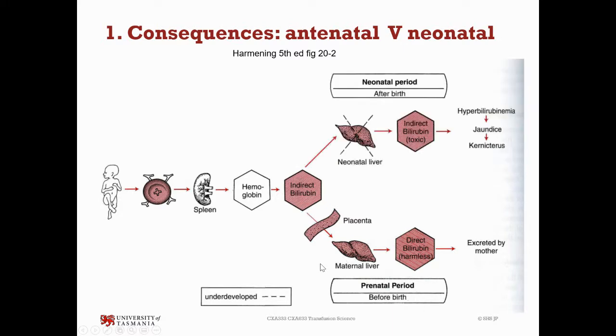Once the baby is born, however, they lose this connection with the mother, and because their liver is immature, it can't deal with all of the bilirubin, and so we get hyperbilirubinemia.